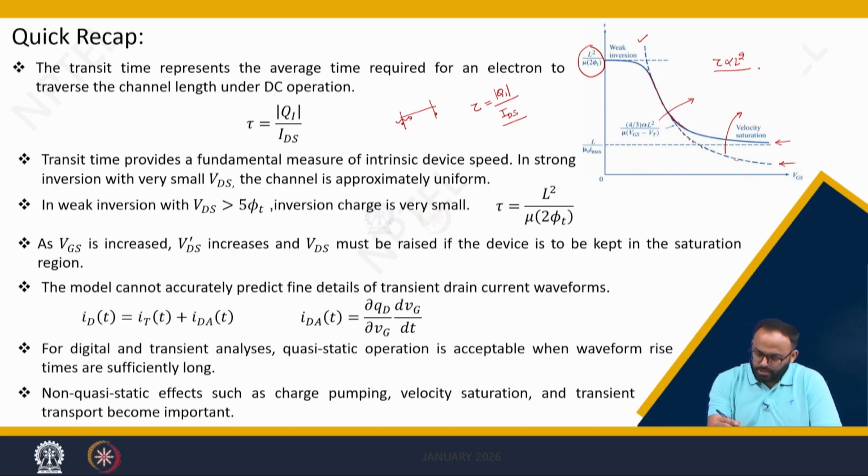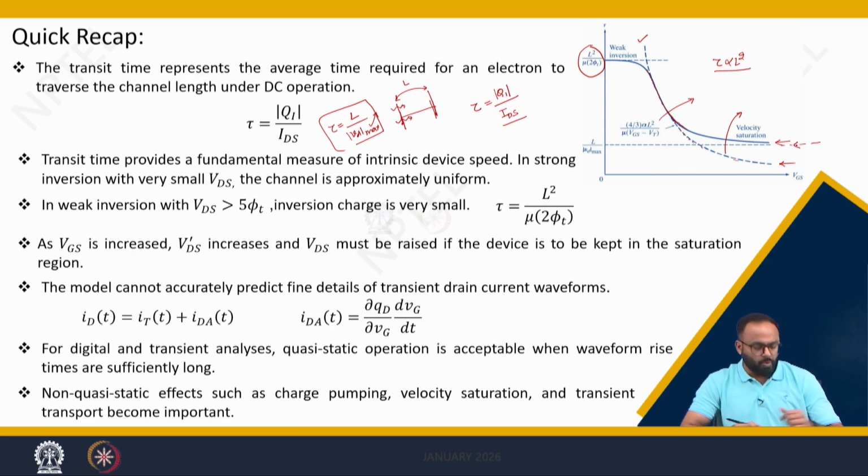If the channel is so small that the carrier velocity is saturated, the time taken by the carrier is L divided by Vd max. Even if you increase the voltage, the time is fixed because Vd max is fixed. The velocity of the carrier is not increasing, and hence there is a limiting boundary of transit time.